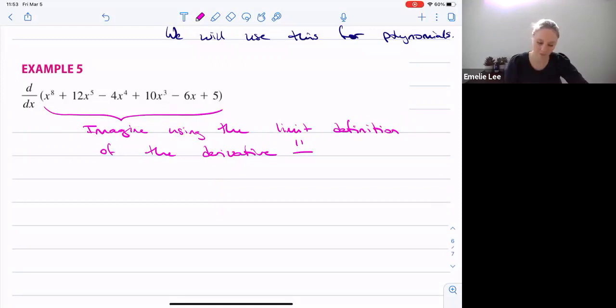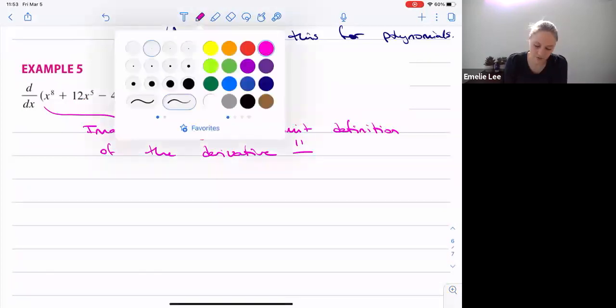At least me. So now I'm going to think about this as individual functions being linked together with addition and subtraction. Sometimes we have constants out in front, but we know how to deal with that. And so this derivative actually becomes really easy to work with.